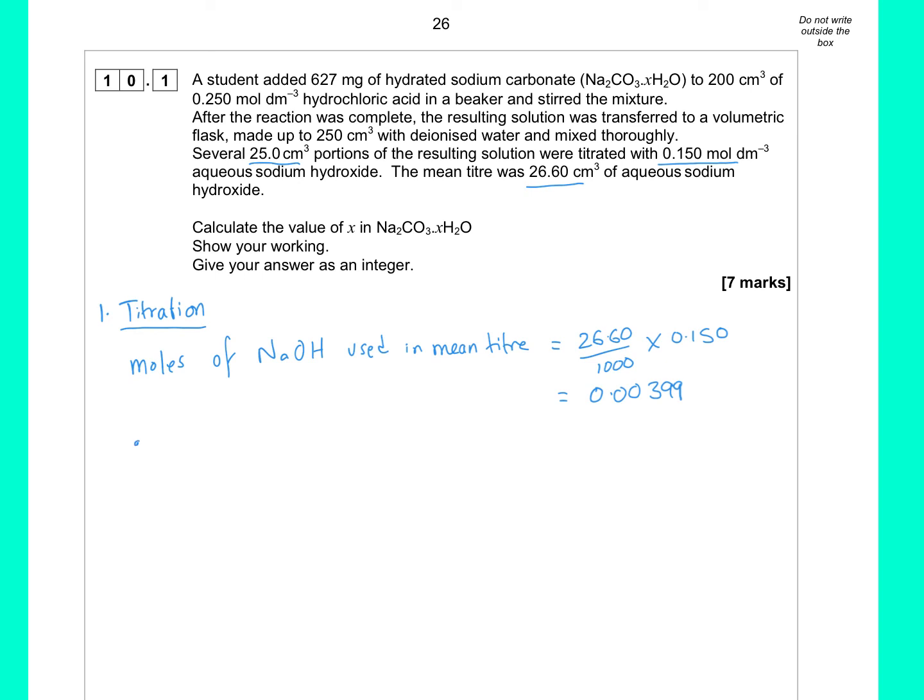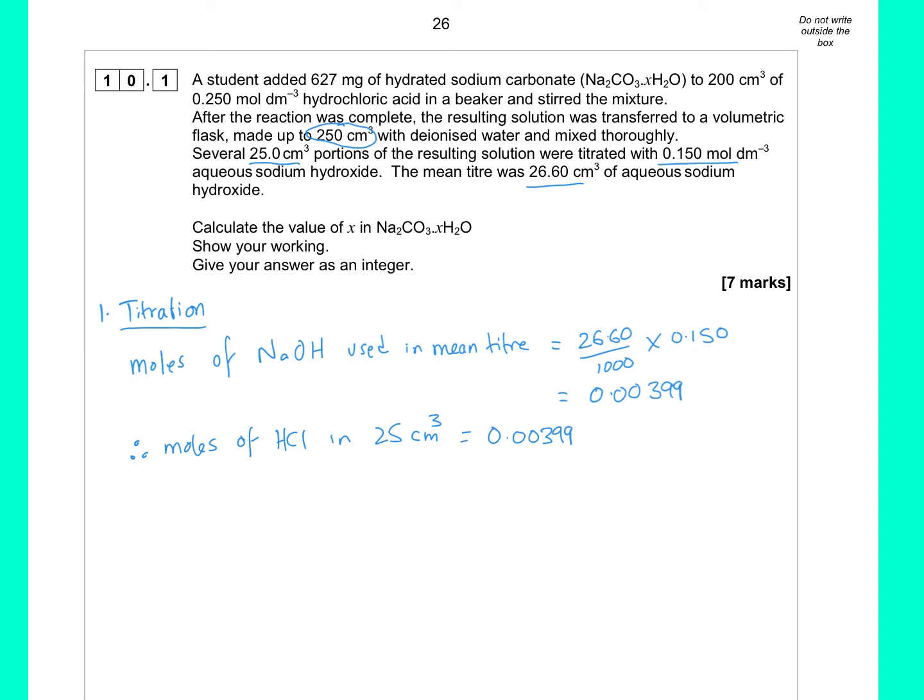Okay. Now, we therefore know that the moles of hydrochloric acid used, because they react 1 to 1, you don't need to write the equation here, but you could mentally jot it down on the scrap paper. So they react 1 to 1, so we know that in 25 centimetres cubed of HCl, there's the same number of moles as there were in the NaOH.